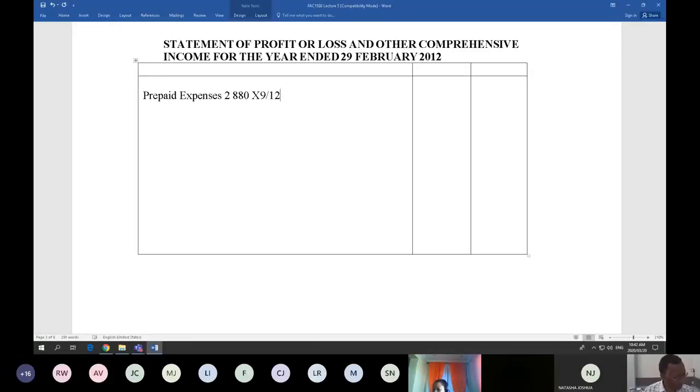So your prepaid expenses is the amount of 2,160. Okay? Even though you paid 2,880, 9 months of that payment is for the next financial year. And that 9 months of the next financial year, we will classify that as prepaid expenses.